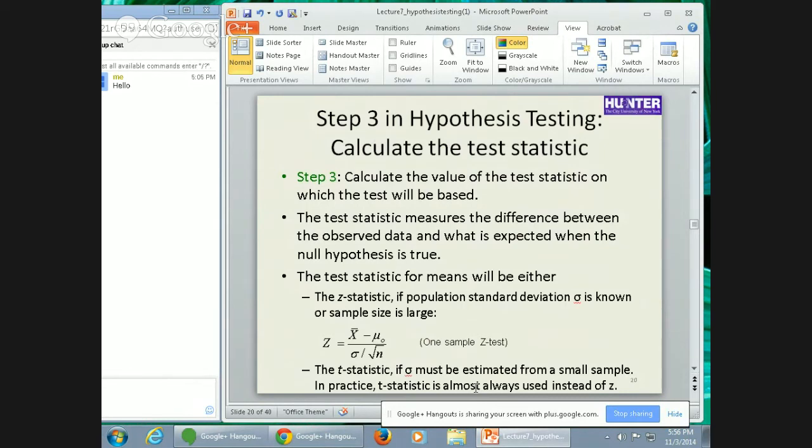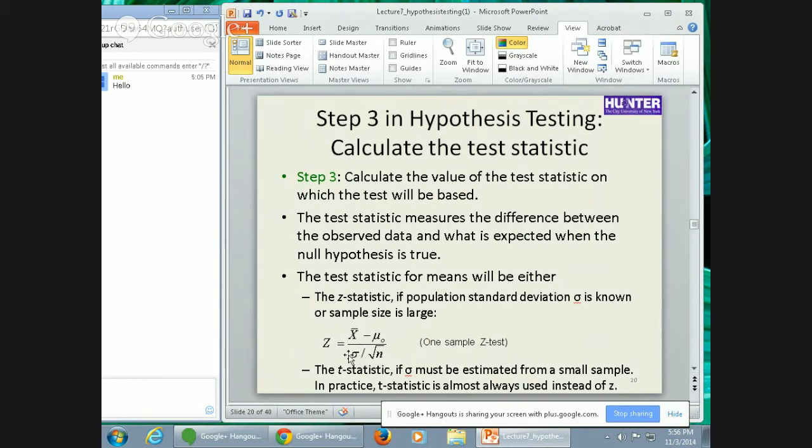So step 3, calculation of the test statistic. You'll get lots of practice doing that in the case of comparing one mean to a theoretical value. Your test statistic will be the z-score, which is your mean of the sample minus your theoretical mean divided by the standard error.